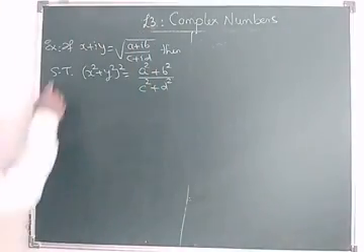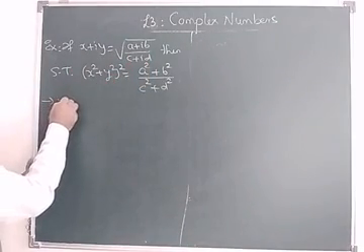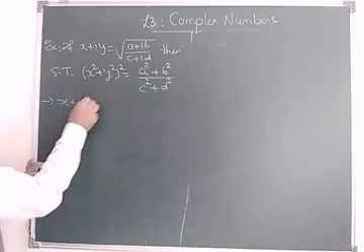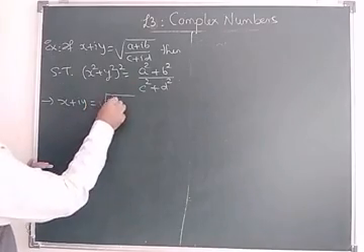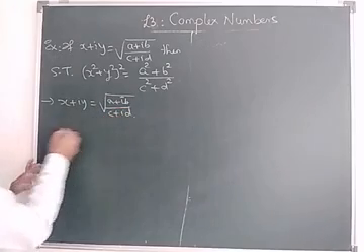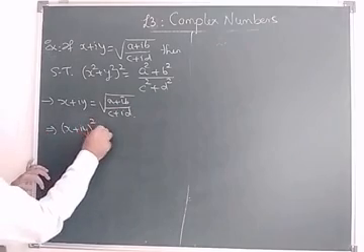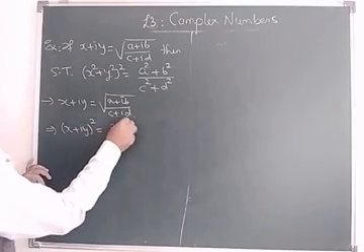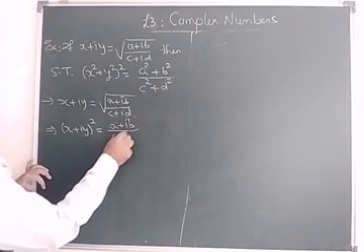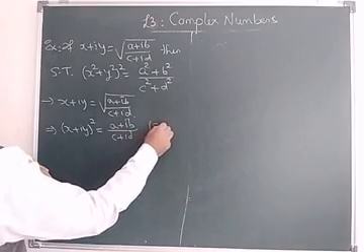So firstly, we'll take the square on both sides. So x plus iy is equal to the square root of (a plus ib) upon (c plus id) implies (x plus iy) whole square is equal to (a plus ib) upon (c plus id), squaring on both sides.